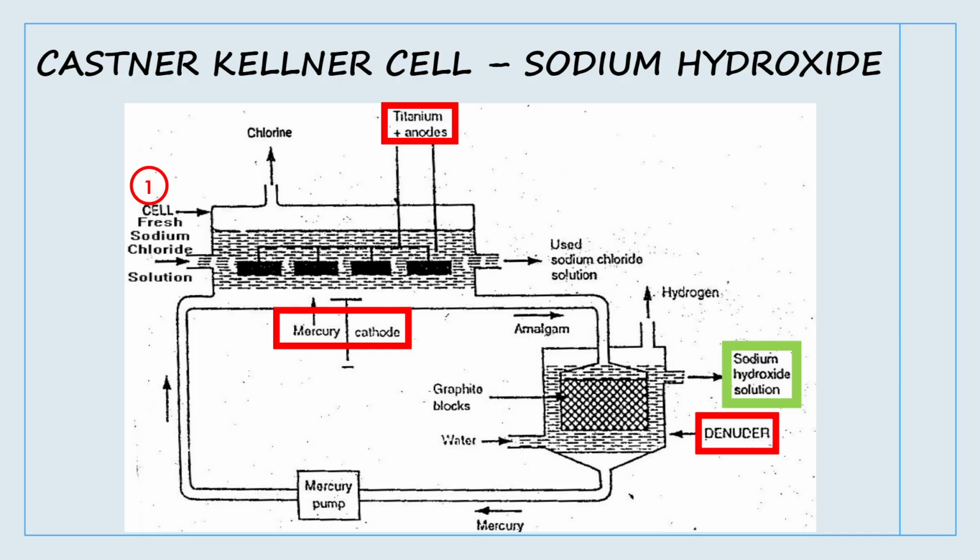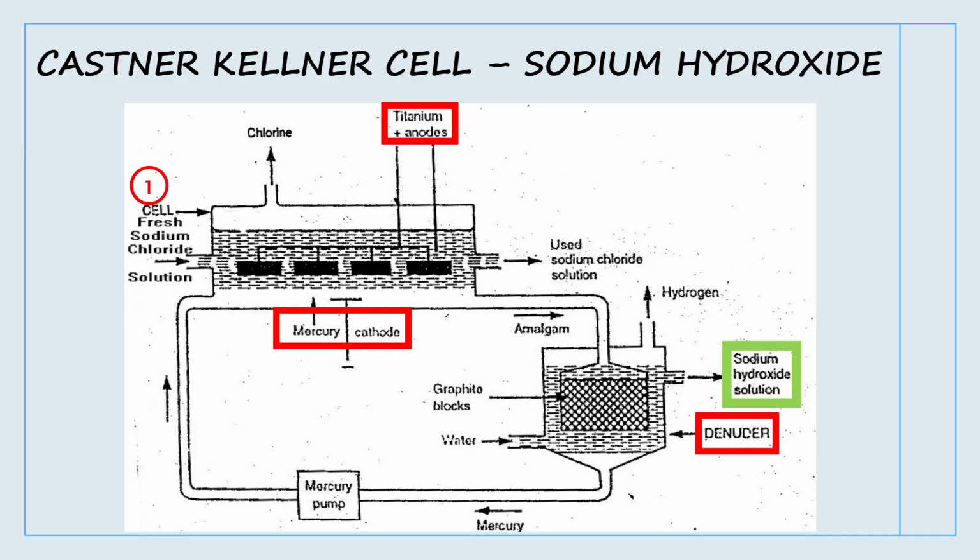In the upper rectangular system, we have sodium ions, and from the pump, mercury is getting into the system, that is the cathode. So sodium and mercury combine together and form a mixture that is known as amalgam. That amalgam is then transported into a chamber known as the denuder.